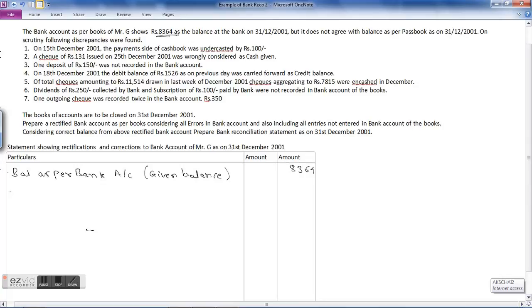A cash book actually combines both your cash account and bank account. Some people prepare a cash book instead of separate bank and cash accounts, so they have a combined account. That is a cash book. So the payment side of the cash book was undercasted by rupees 100. What has happened is, we'll do some rough work here.